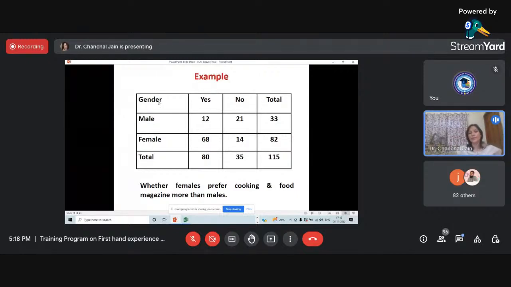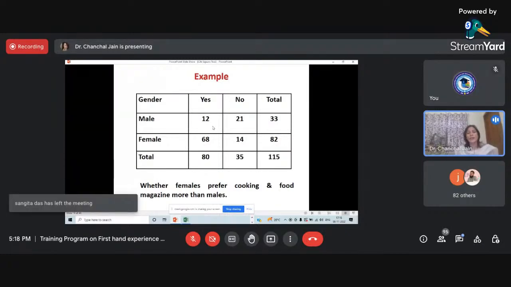Here we can see that out of 33 males, 12 say they are interested in reading the cooking and food type of magazine, and 21 say they are not interested in reading such a magazine. Then out of 82 females, 68 say yes, they are interested in reading this type of magazine, and 14 say they are not interested.